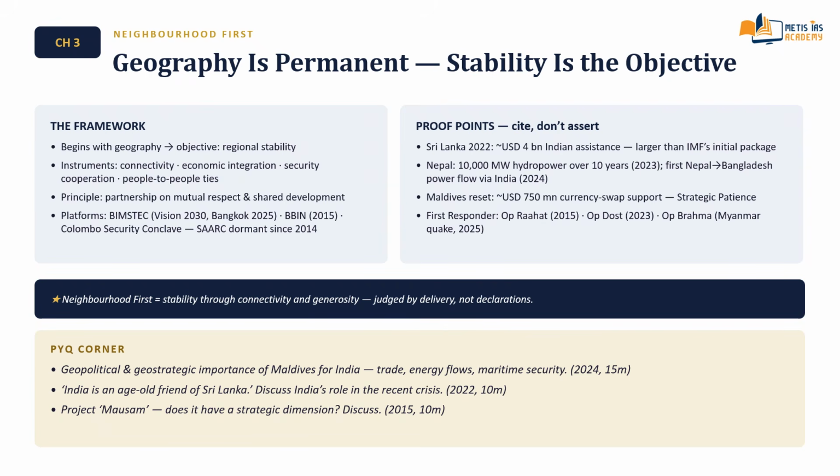But today competition increasingly revolves around technology, critical minerals, supply chains, digital infrastructure, artificial intelligence, maritime connectivity, and climate transition. This transformation is often described as the rise of geoeconomics.